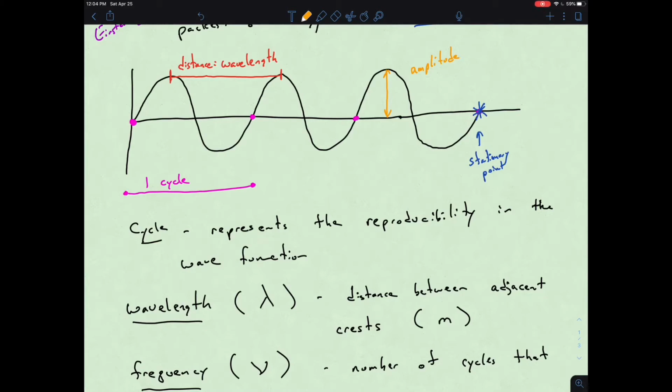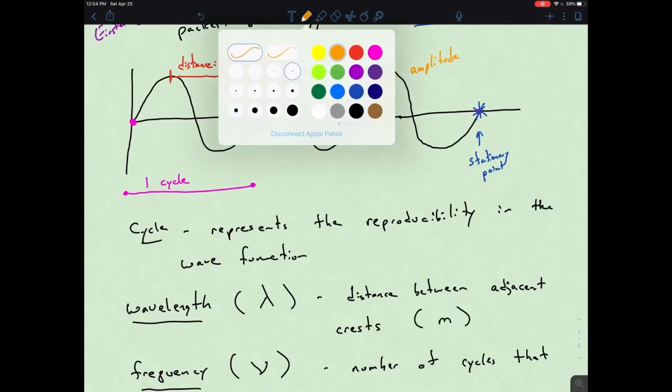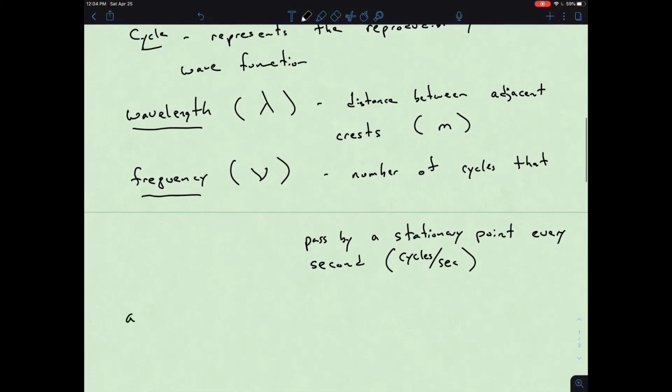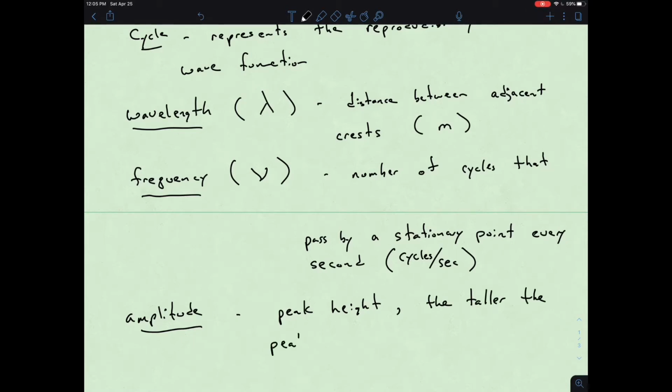We won't be playing too much with amplitude, but amplitude is basically peak height. The taller the peak, the brighter the light.